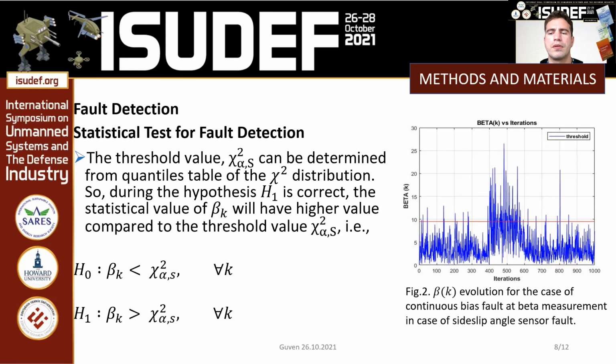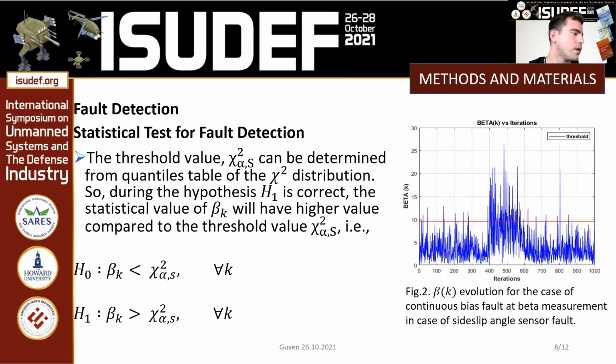If the H1 hypothesis is correct, the statistical value of beta k will be higher than the threshold value, and therefore the fault is firmly detected. You can see on the graph the threshold value is the red one.